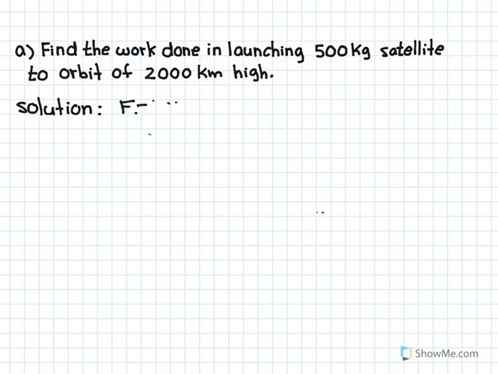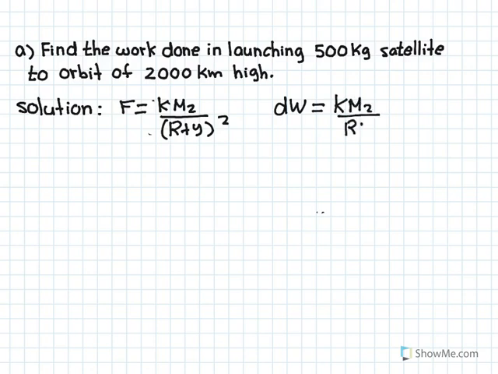The force of gravity, the force between two objects, according to Newton's law, is k m2 divided by (r plus y) squared. This is the force of attraction between a satellite and Earth. dW is equal to k m2 divided by (r plus y) squared, force times distance, times dy. dy is the distance.